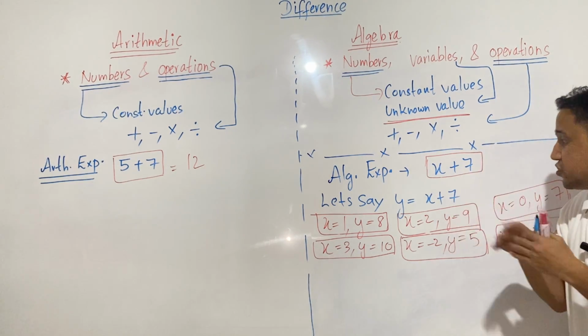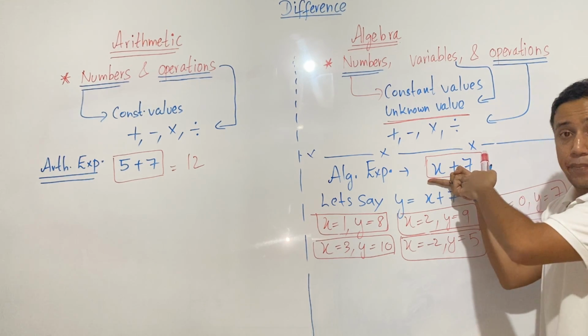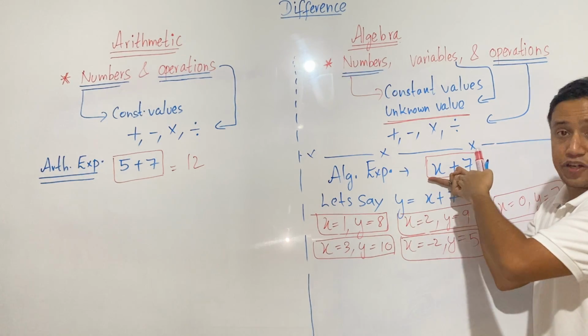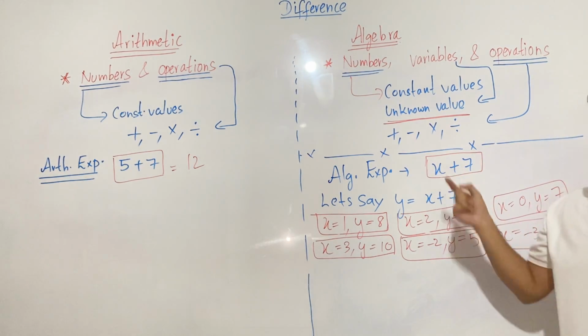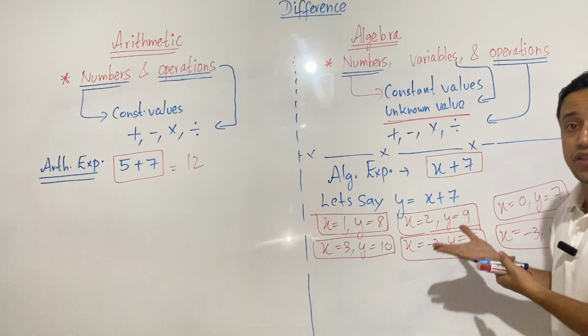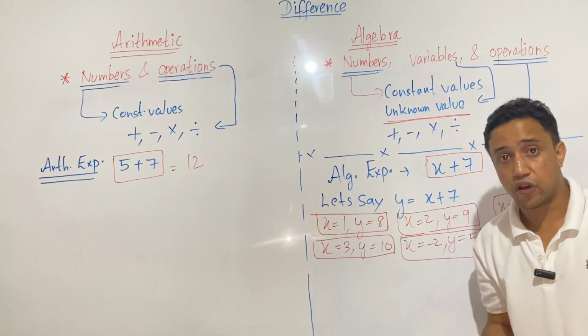There is no way that I can solve this algebraic expression without changing it into an equation. See here, the main purpose in algebra is to find the value of the variable.